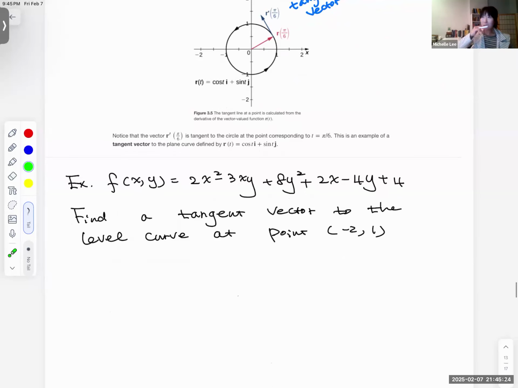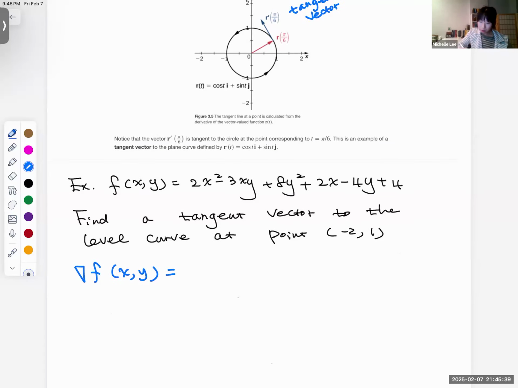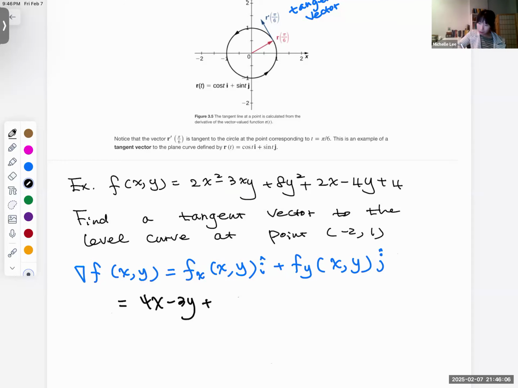Okay. Let's find out. The gradient of f is the partial derivative with respect to x times i hat plus the partial derivative with respect to y times j hat, right? So the partial derivative with respect to x is 4x minus 3y plus 2.